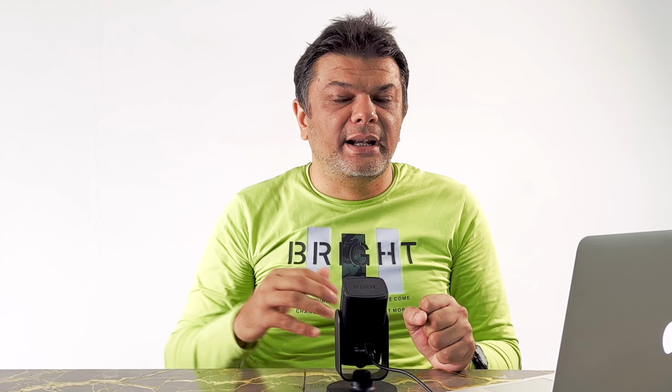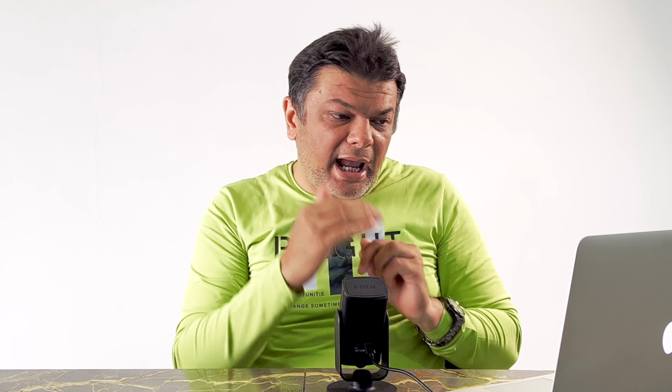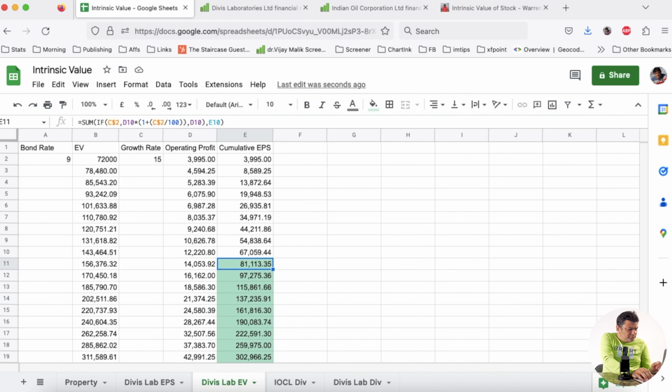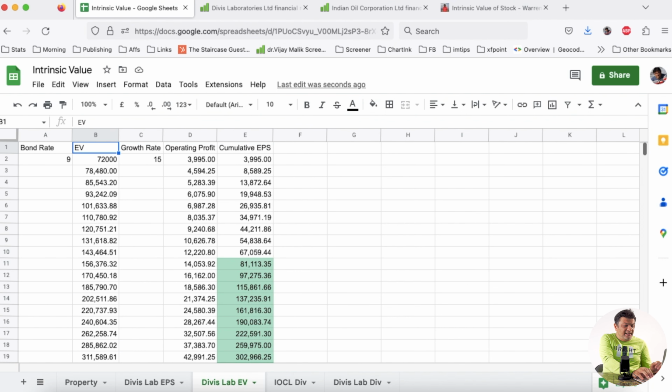If we take out only 80% of the money or 50% of the money, then the calculation will have a ratio based on how much you can take out. And then we go on, and in the 20th year, we see that the total value of the 72,000 crores that we paid to purchase the whole business is less than the money generated.